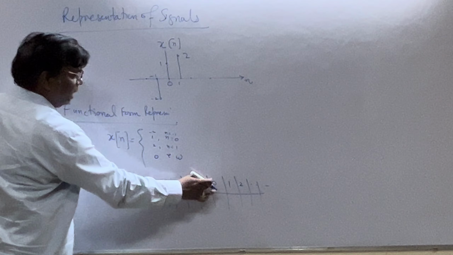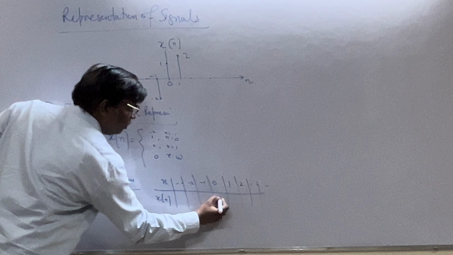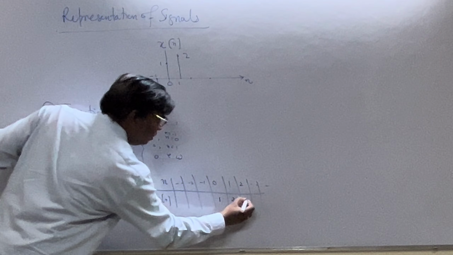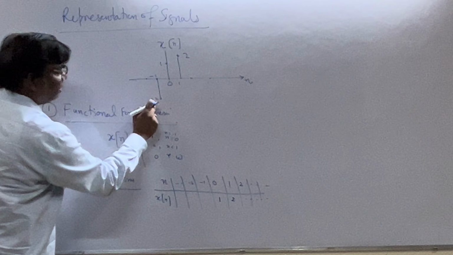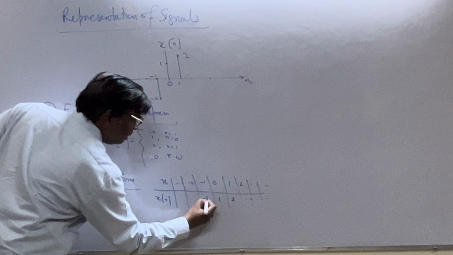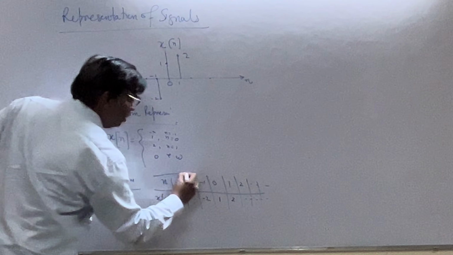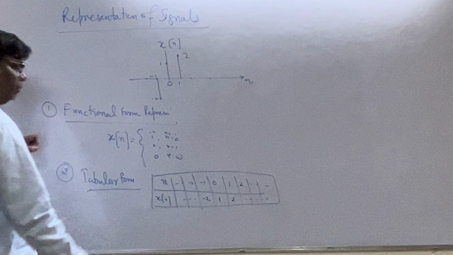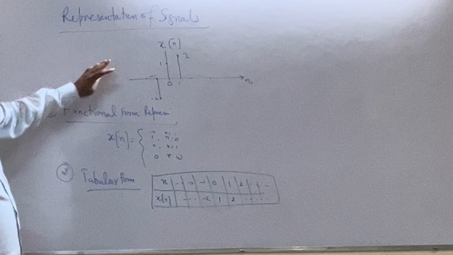Corresponding amplitude at 0 is 1, so write here 1. At n equals 1, this is 2, and so on. At minus 1, this is minus 2, so you can write here minus 2 and so on. Now make a table. This is known as tabular form representation of the signal x[n].